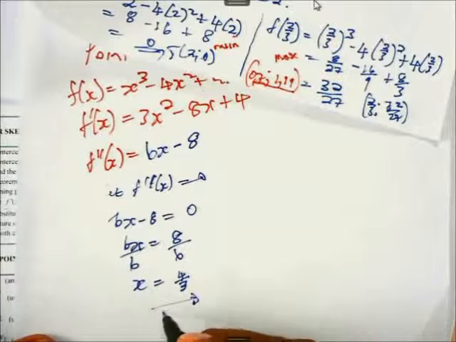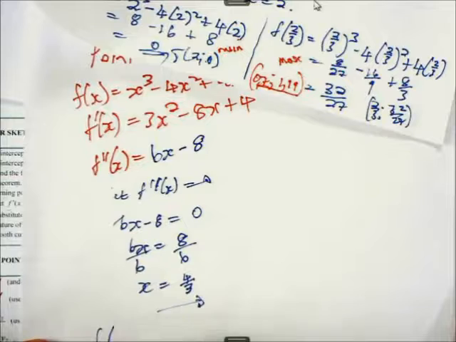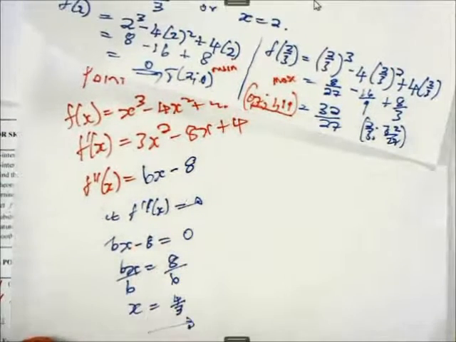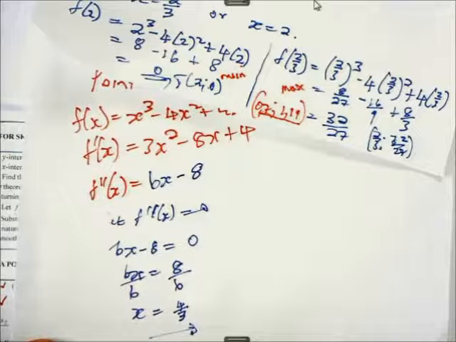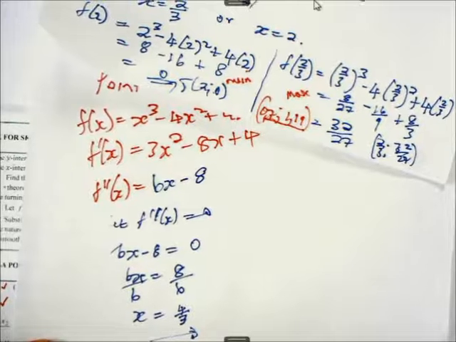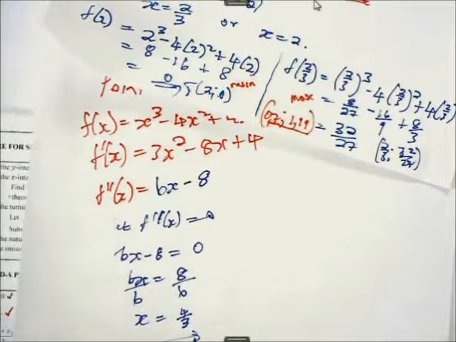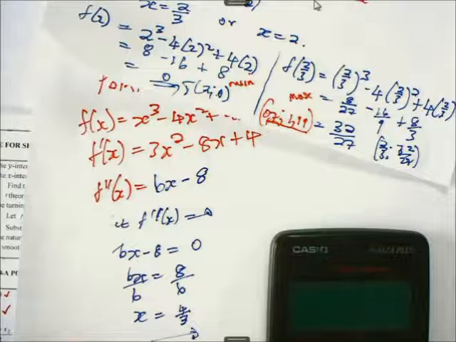Right, now, from here, once you have the x, what do you do now? You take the x, which is 4 divided by 3 there, then you substitute it in the equation, then you're going to have 4 divided by 3 to the power of 3, minus 4 times 4 divided by 3 squared, and then plus 4 times 4 divided by 3. Now you say equal sign there. Now we can use the calculator to work this one out.